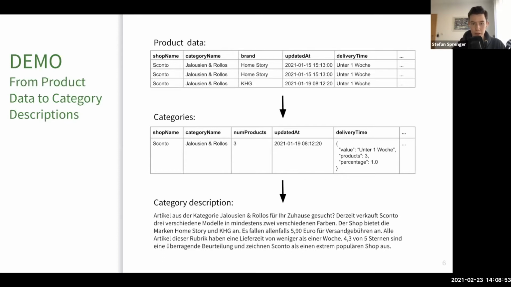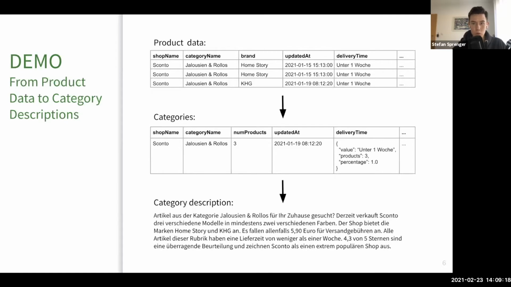That's the updated at field. And we use the attributes shop name and category name to aggregate the product data and build categories. So these 3 products shown in the upper table have been aggregated to build one category.